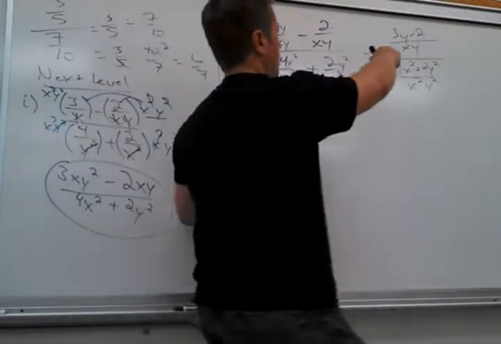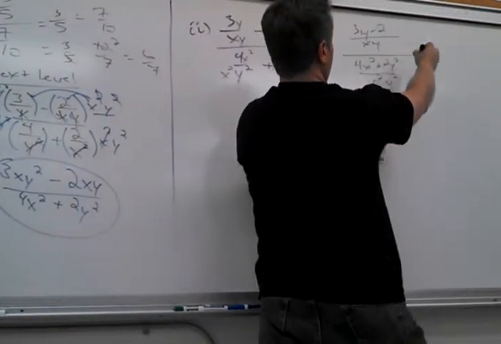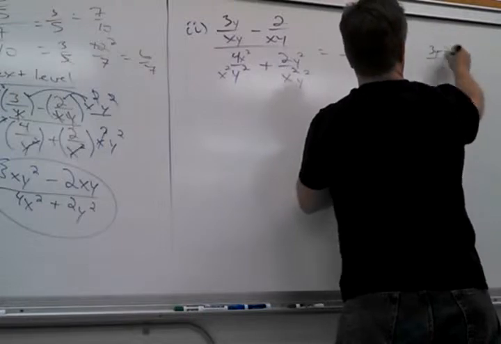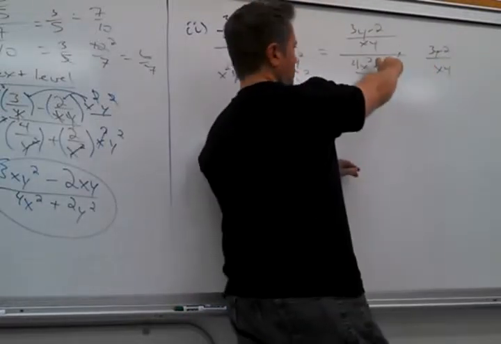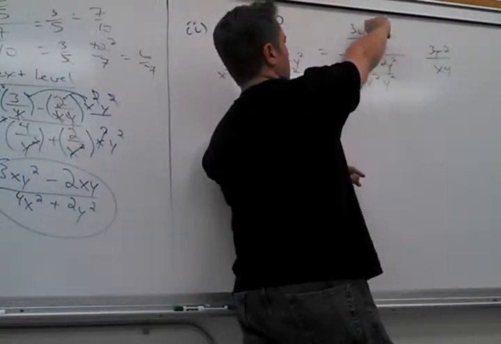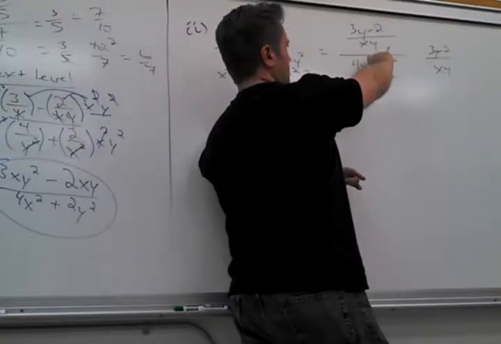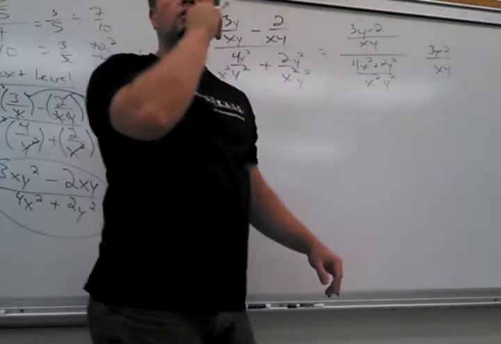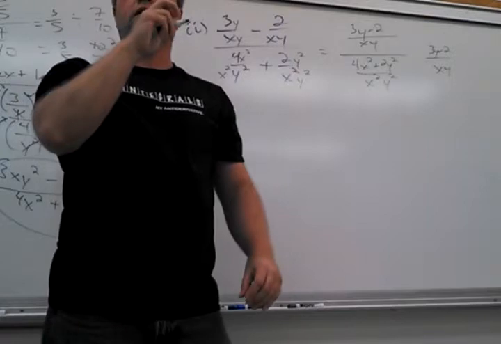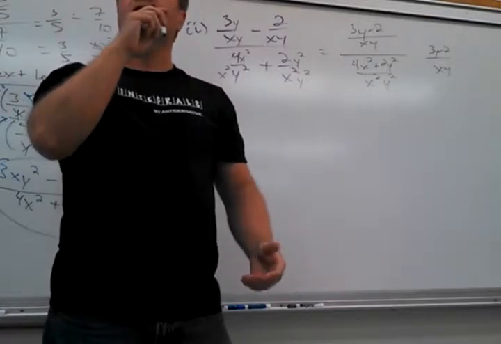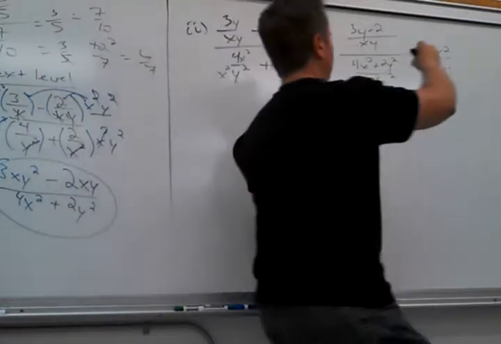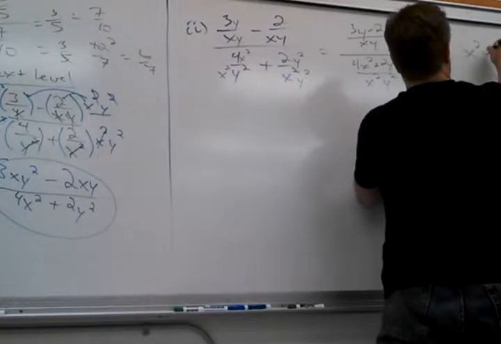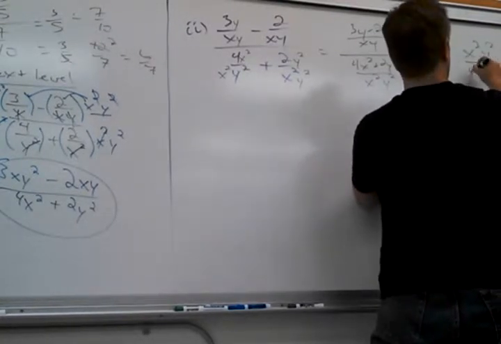Okay, and then we could do like we did earlier and say this is 3y minus 2 over xy divided by this. So it's 3y minus 2 over xy times... No, not really.